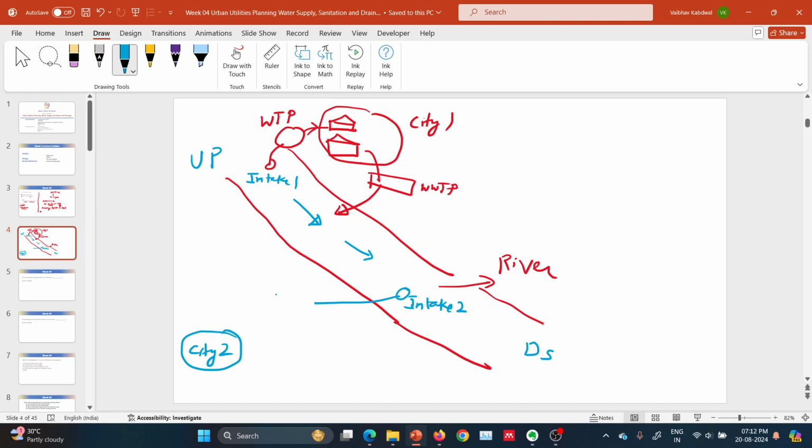City 2 will take the water, and again they will produce wastewater, and again it will be discharged through a wastewater treatment plant.